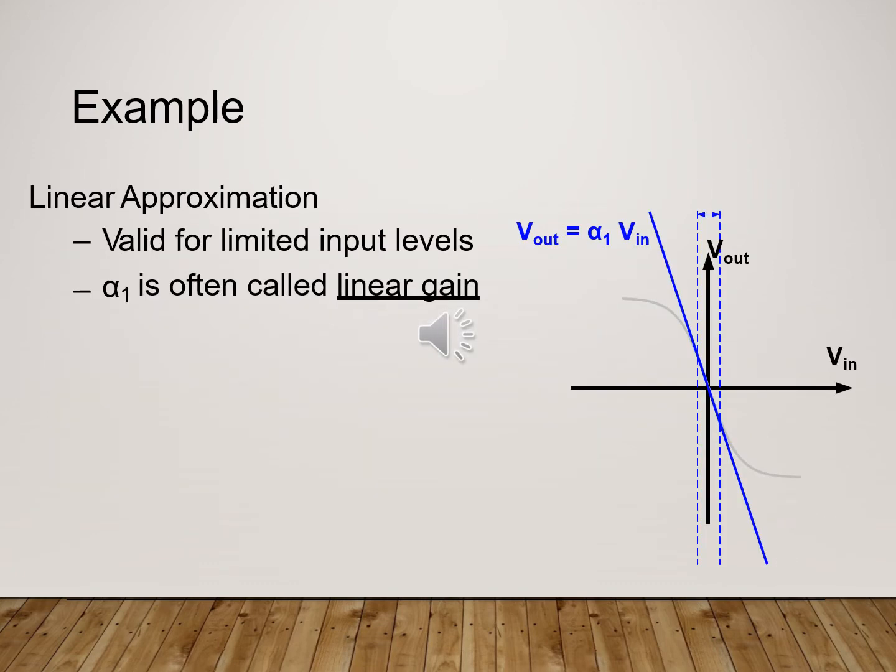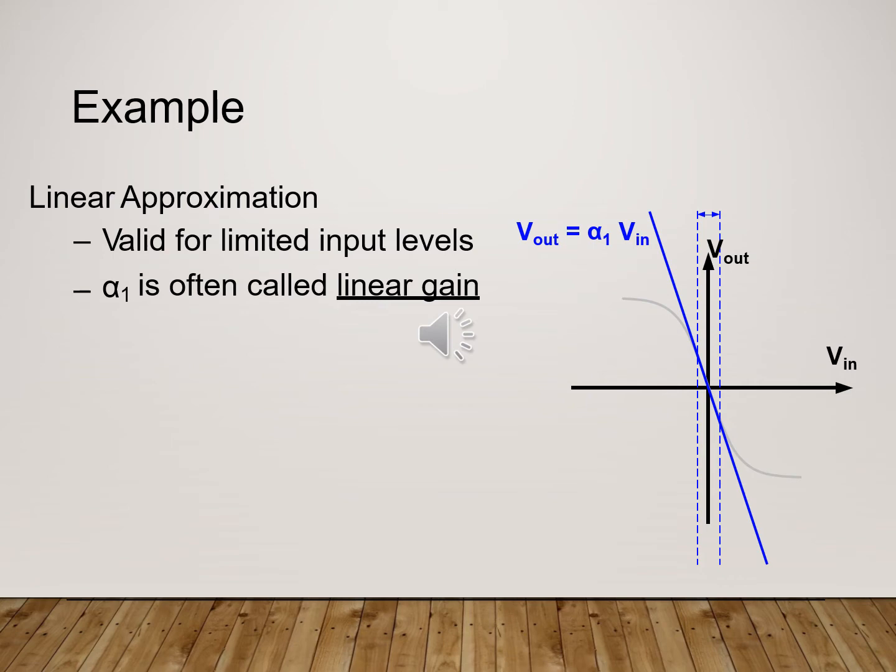Now, as we see in this slide, the linear approximation is valid for limited input levels. If we have our inputs in this region, the system will behave like a linear one, and the gain does not depend on V inputs; it will be constant.